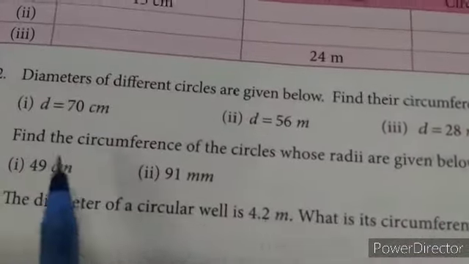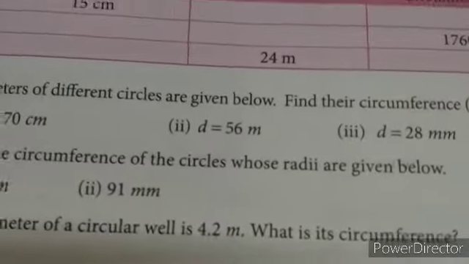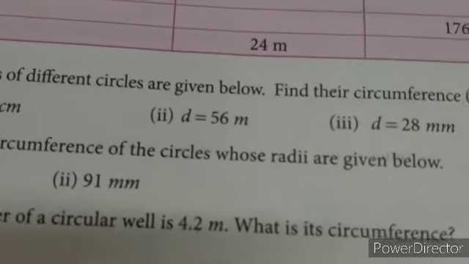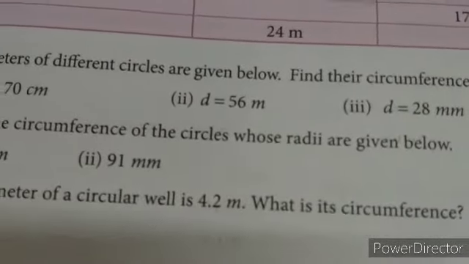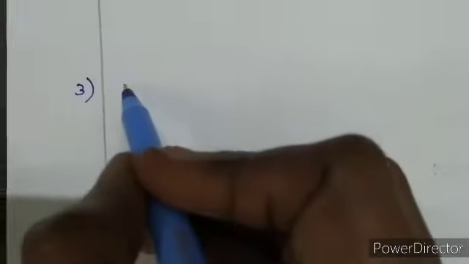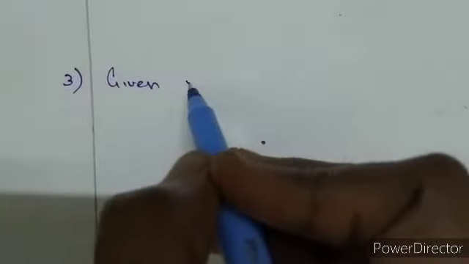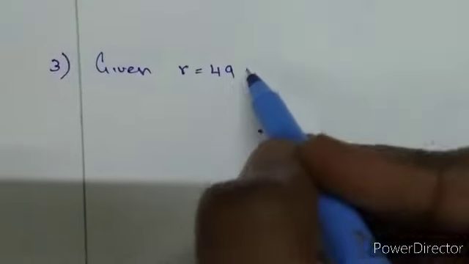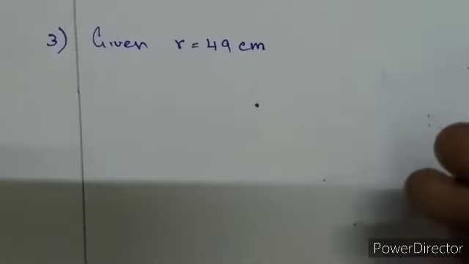Okay, let's move to question number 3. Find the circumference of a circle whose radii are given below. Here in the sum, they have given the radius. Question number 3, given radius equals 49 centimeter.